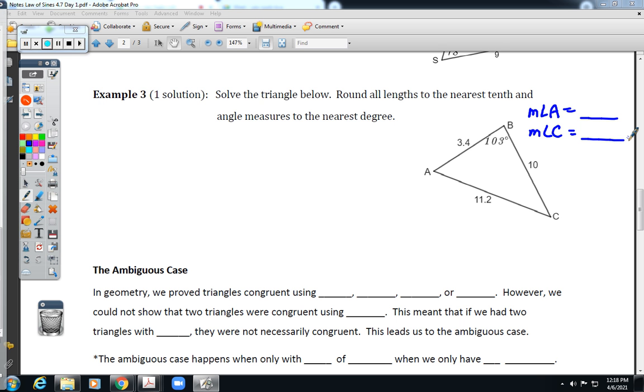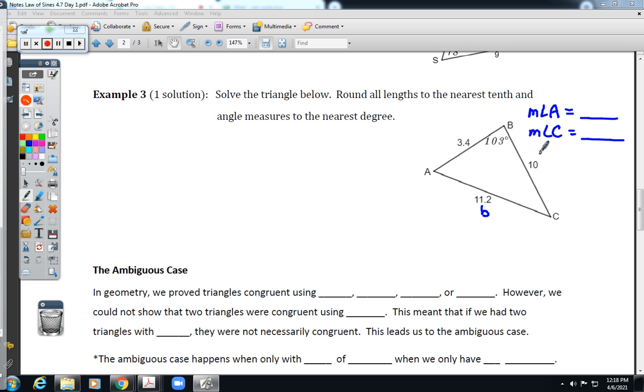Okay? Again, I always suggest that you create little answer boxes for yourself so that you do not forget to state an answer. Because in order to finish the problem, you have to tell me everything that wasn't given in the problem. So, looking at that picture, little b is 11.2, and that is the longest side of the triangle, which means that those other two angles have to be less than 102.